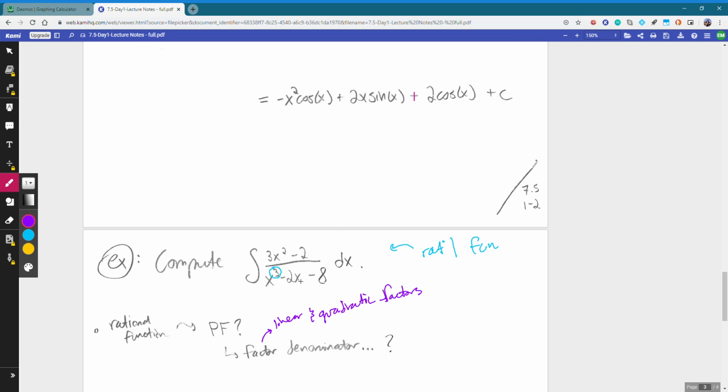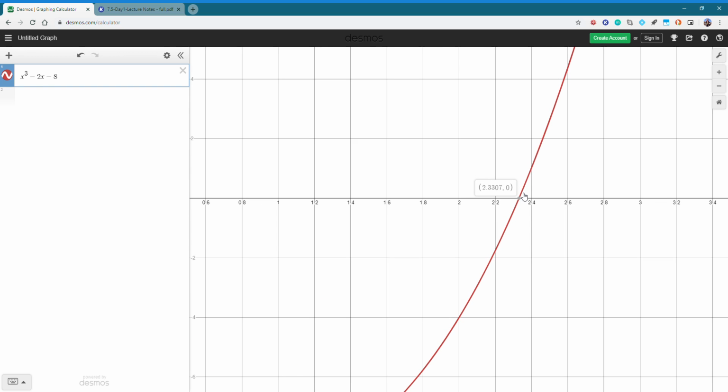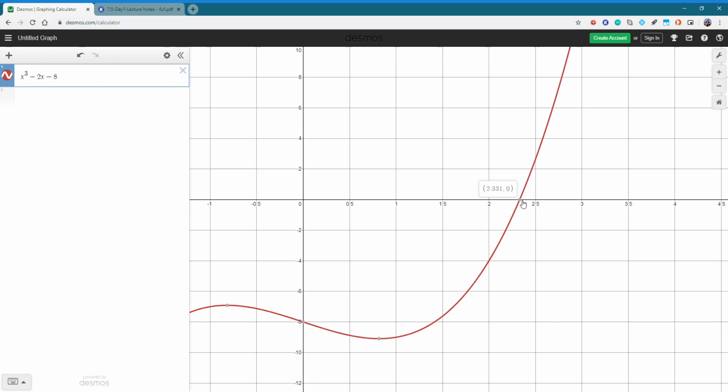And if we're curious about how this might factor, we could bring up a graph. And so here is our cubic polynomial. It does have a root, and so it would factor, but where is the root? It's not at something nice. It's in between 2 and 3, about 2.331. And so it's not going to be some nice clean factorization.